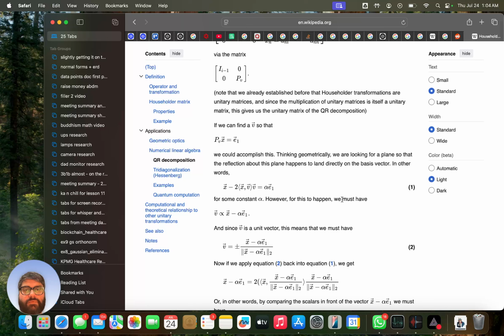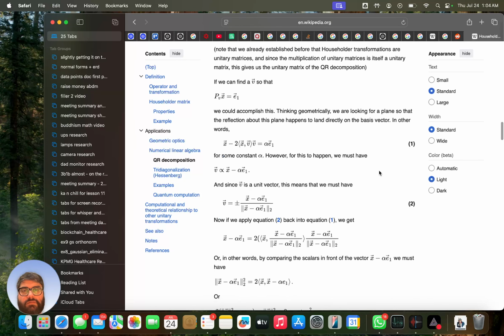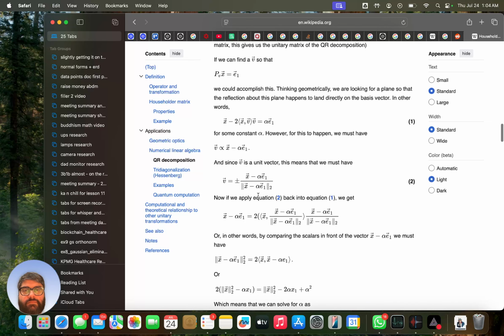However, for this to happen, we must have a vector v such that x minus alpha e1... this is looking familiar.